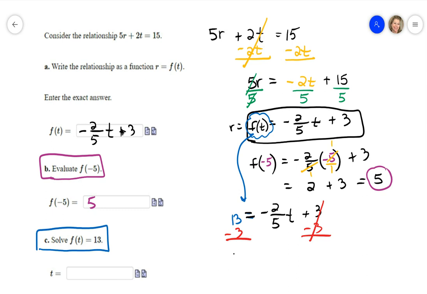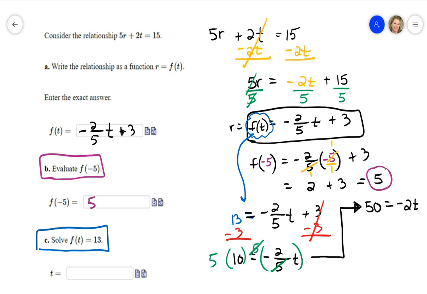13 minus 3 is 10, and that's going to equal the negative 2/5 t. And then the next step I'm going to do is multiply both sides by 5, so that this 5 will cross cancel out that 5. 5 times 10, I'm sorry, I'm running out of room here, so follow me. 5 times 10 is 50, and that's going to equal a negative 2t.